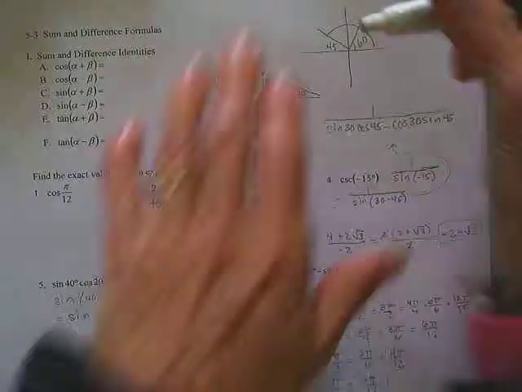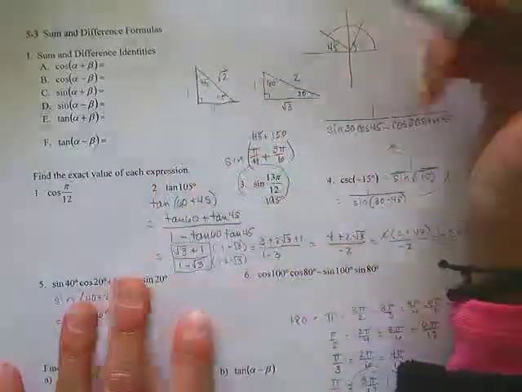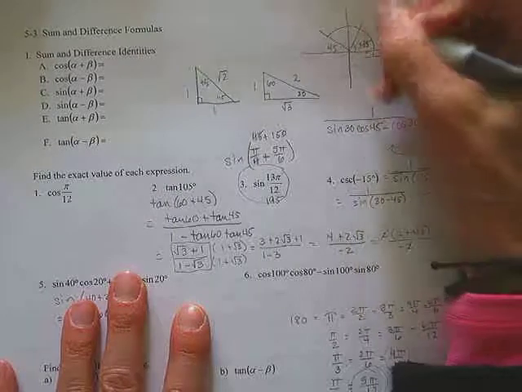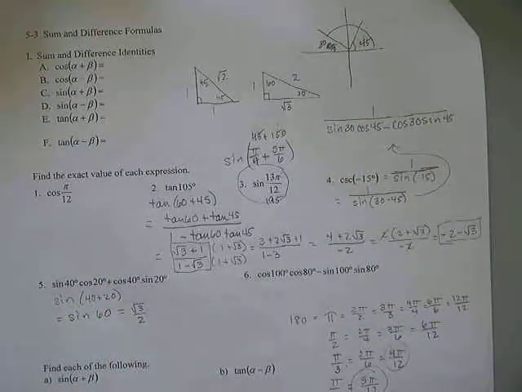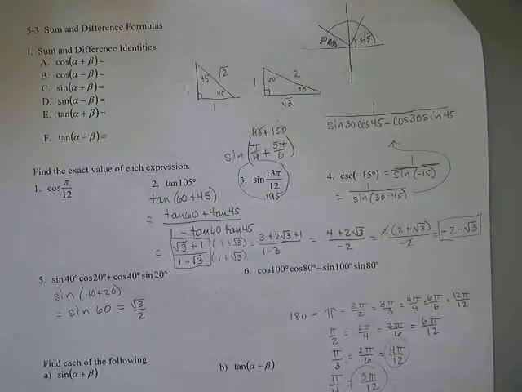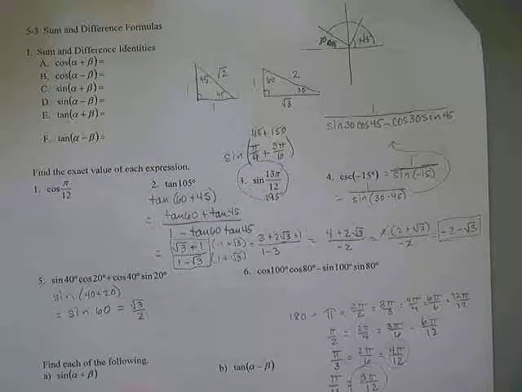Oh, this is a 4. This is a 3. But the problem of putting it in degrees is that you have to put it back in radians. So this is actually pi over 4.